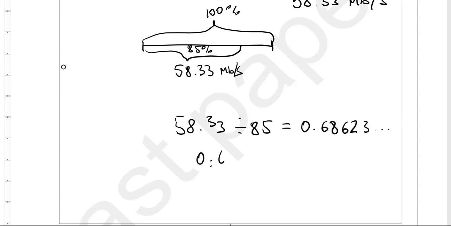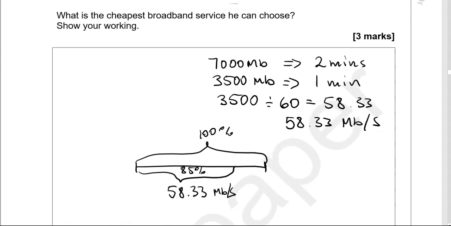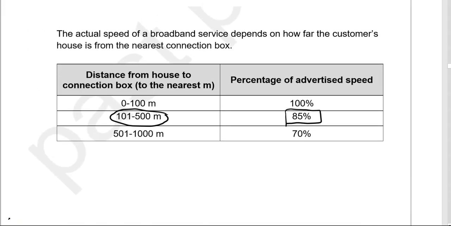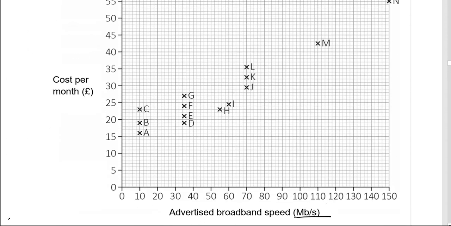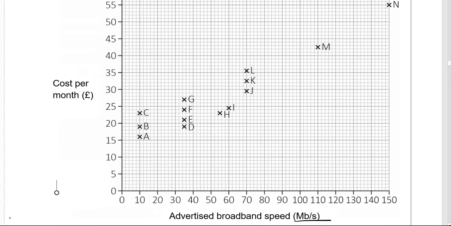So 0.68623 times 100 gives us 68.623. So about 69. So looking at the graph, 69 would be roughly here.